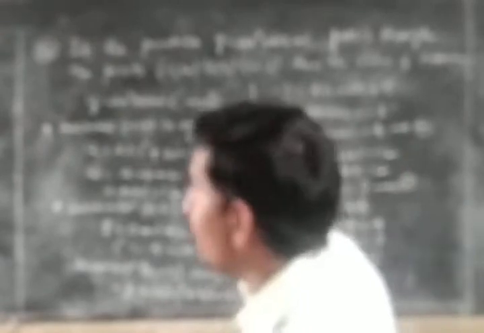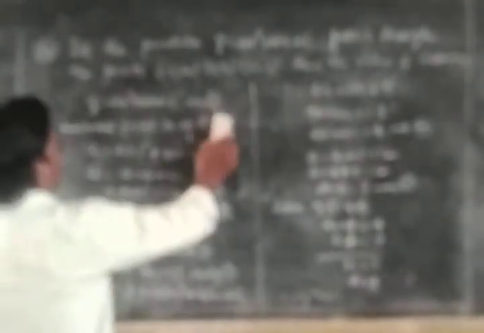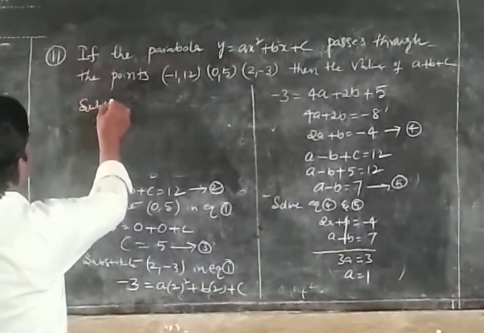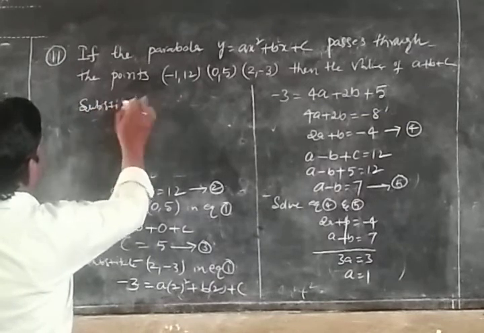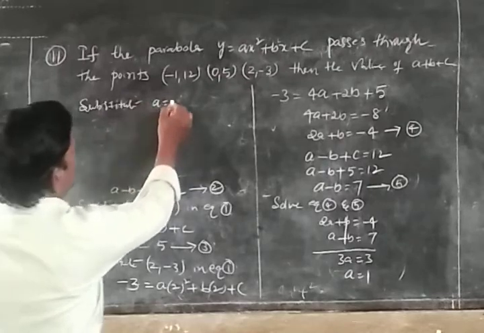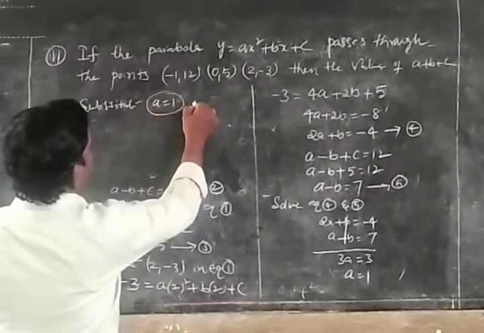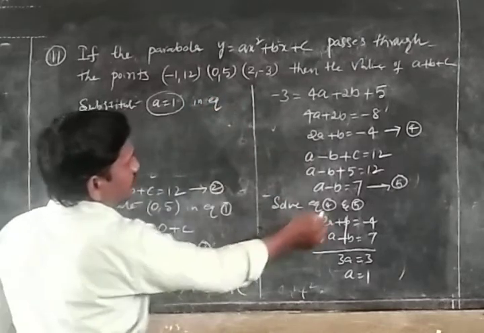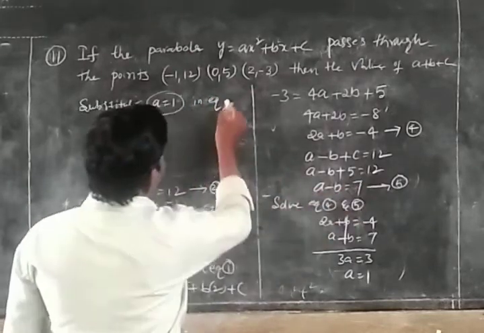For getting b value, substitute in any one equation. Substitute a equal to 1 in equation 5.